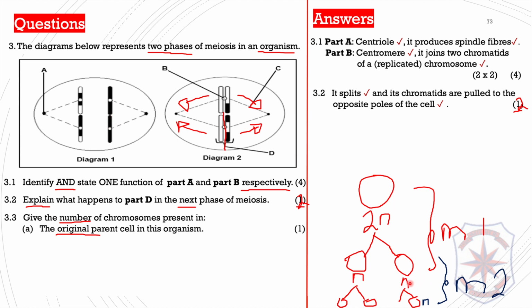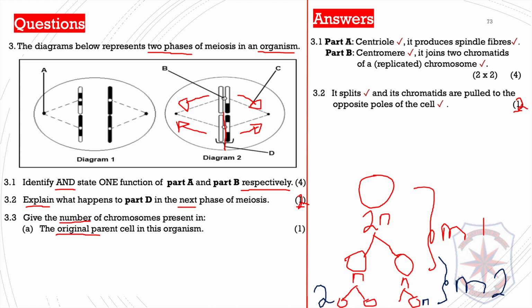Now, if they are undergoing meiosis 2, it means that they are haploid already. And as you can see on diagram 1, we have how many chromosomes? We have 2 chromosomes at a phase at meiosis 2. Remember what we said? We said that cells in meiosis 2 are already haploid.